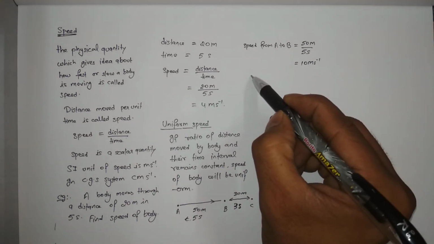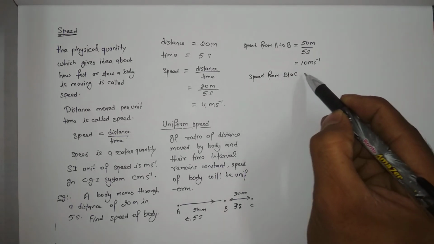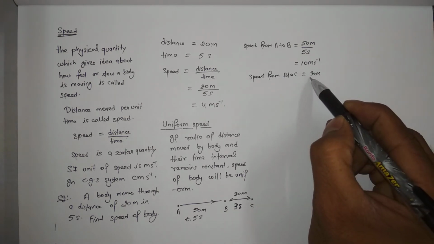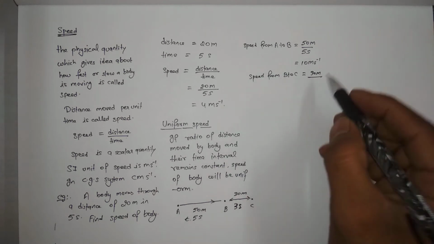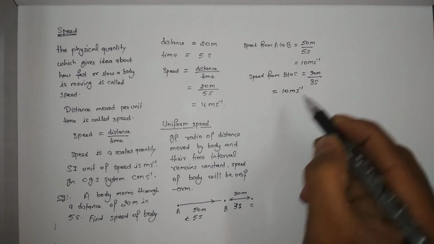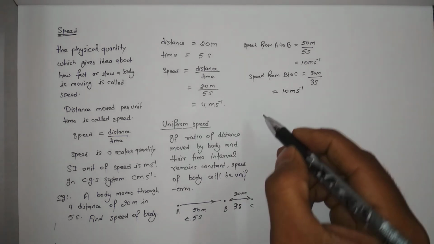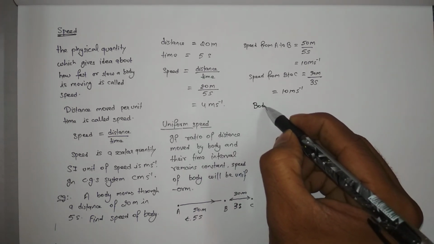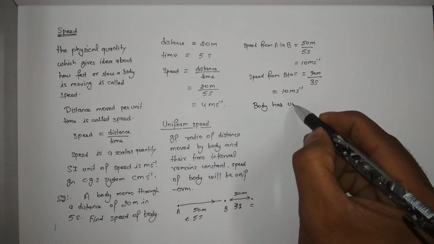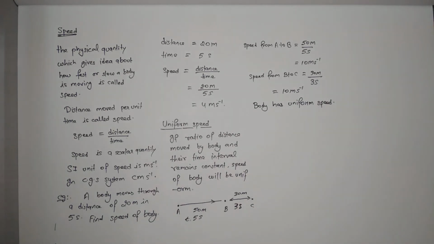Okay, now see, speed from B to C is equals to distance moved from B to C is 30 meter divided by time is 3 seconds, that is 10 meter per second. See, speed in both cases from A to B and B to C are equal, so body is moving with uniform speed. Your body has uniform speed.